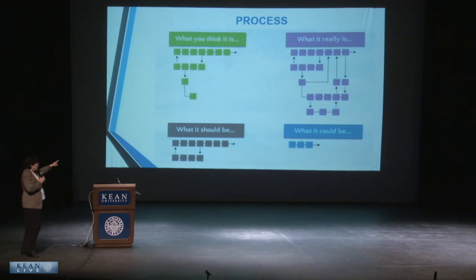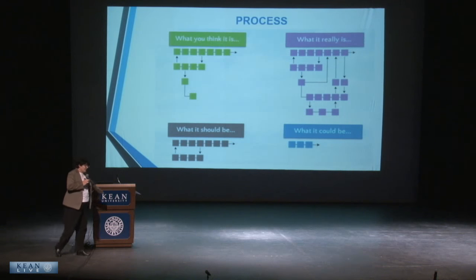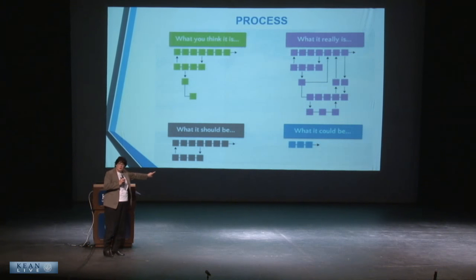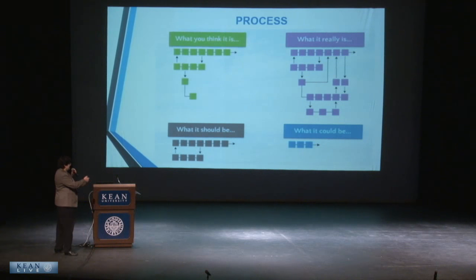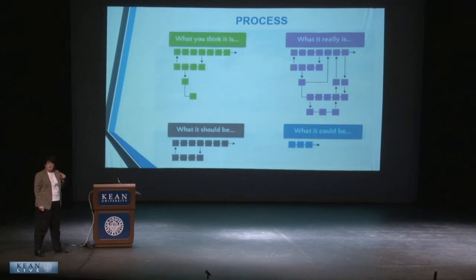And even the what it could be, that might be your ultimate goal. So you may start off at what it really is. And then maybe you go through 3 or 4 iterations at this step to get it here. And that's ultimately what you want.